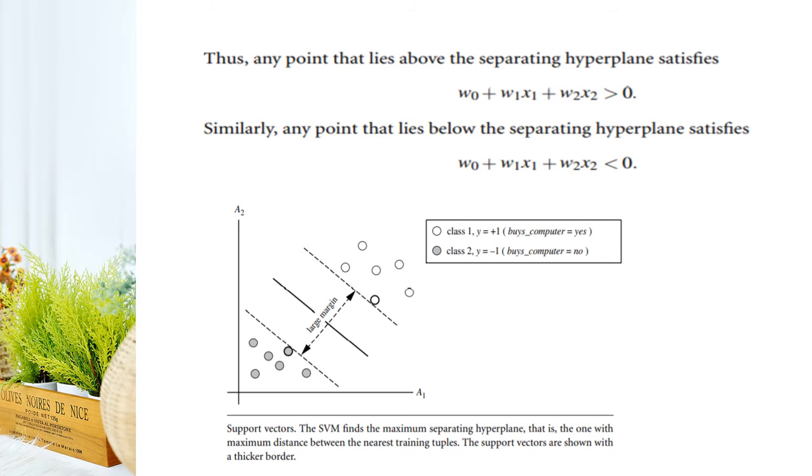For example, here the tuples represented very near, or the tuples that lie on the MMH, are referred to as support vectors. Support vectors are represented in this particular figure. The SVM finds the maximum separating hyperplane with the help of support vectors.